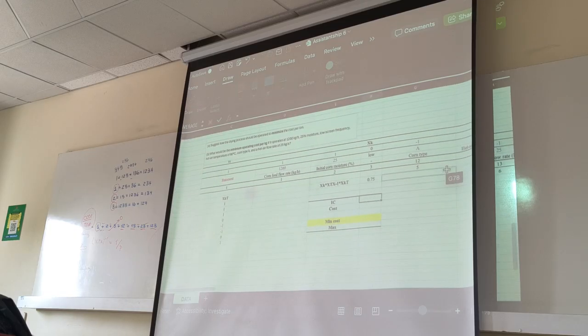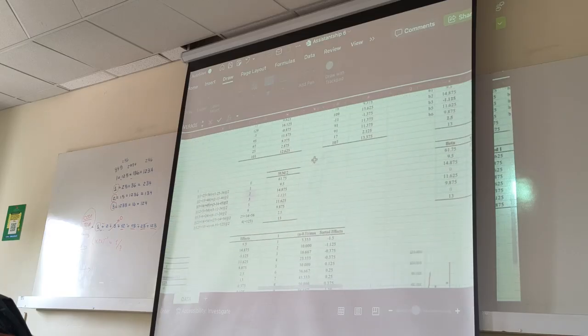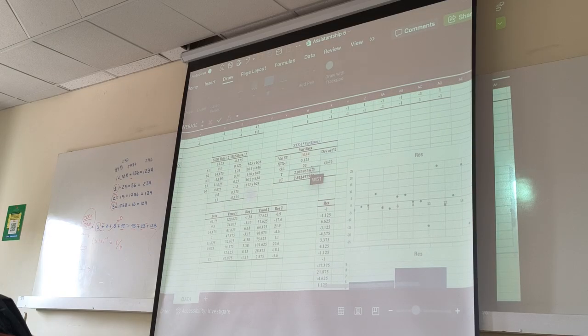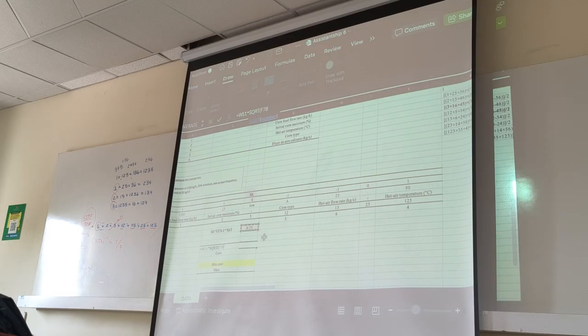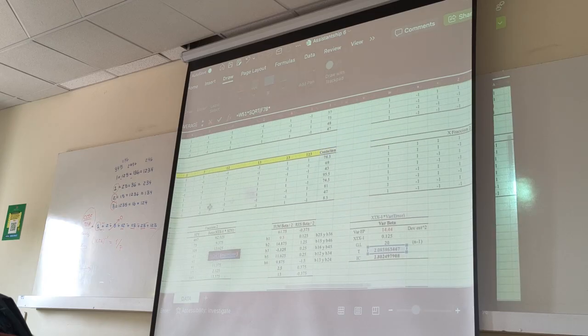the value of t that we get here, with the square root of this value with the variance of the pure error.